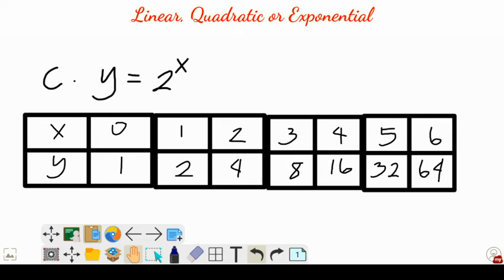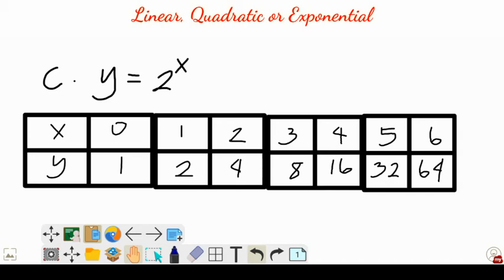So ang gagawin po natin is ititingnan natin yung equal ratios in y. So ano napapansin nyo sa ating mga y values, which are 1, 2, 4, 8, 16, 32, and 64.